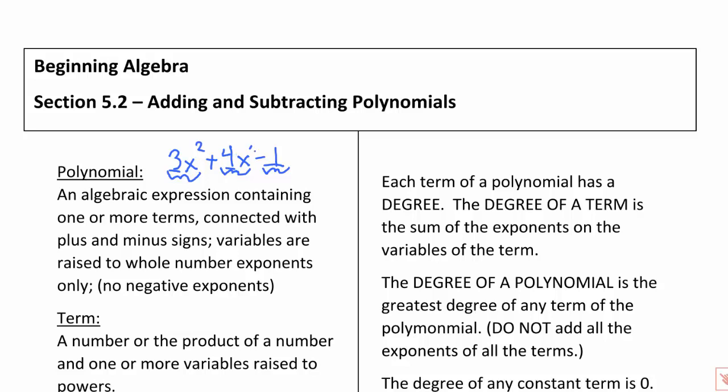Notice that none of these terms are like terms. They're not like terms because the variables are raised to different powers. They have the same variables, just raised to different powers. Now if I added on another term here, say plus 7x, that would make the 4x and the 7x like terms.